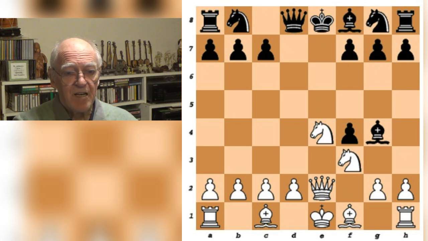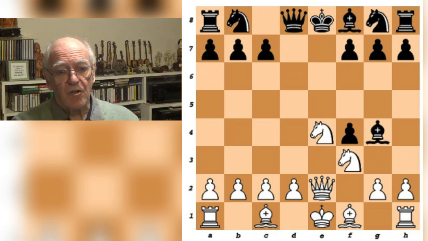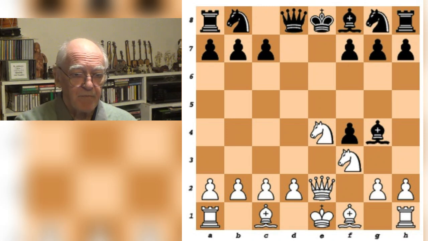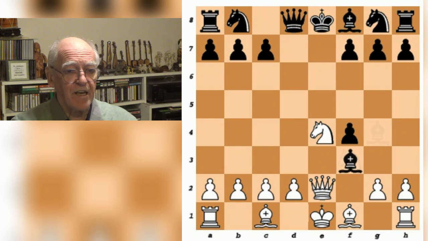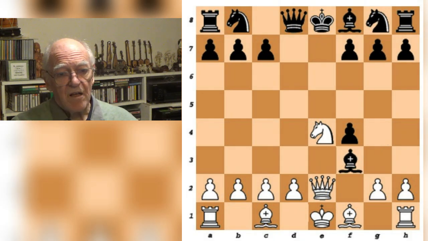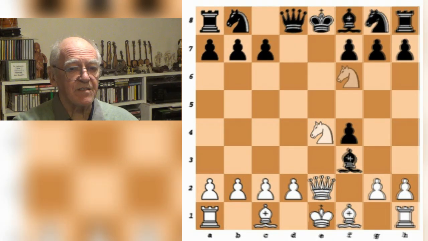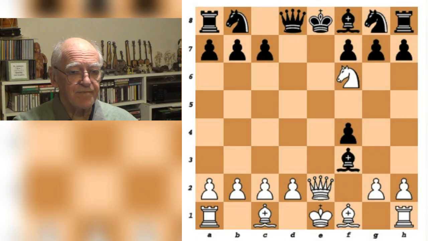In this case, black did not do this and continued his attack and thus captured the knight on f3, bishop g4 takes knight f3. And then follows knight e4 to f6, checkmate.